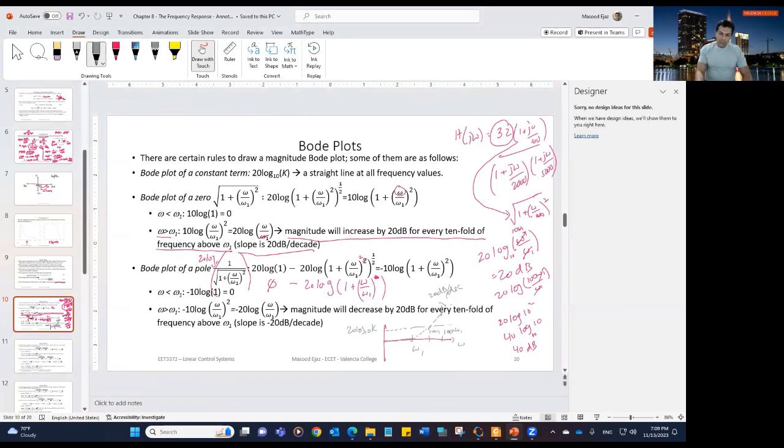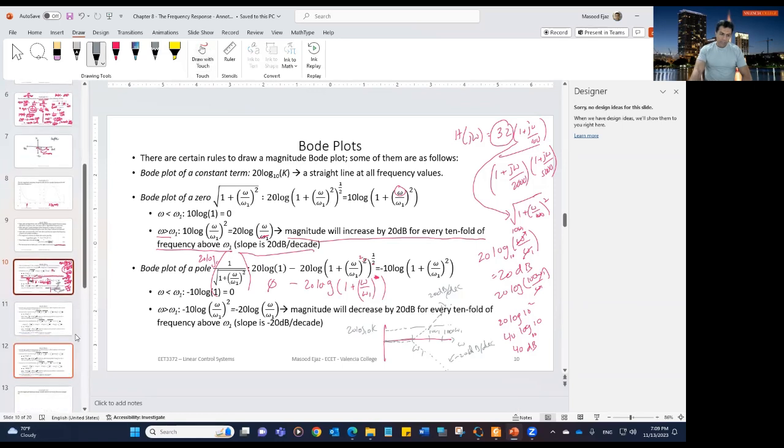And likewise, your pole is going to be 0 up to omega 1, and then it's going to decrease with a slope of negative 20 decibel per decade. And to create the Bode plot, you're going to add all the values of the individual lines, and you're going to have a Bode plot. So when we do the example, you can understand better.